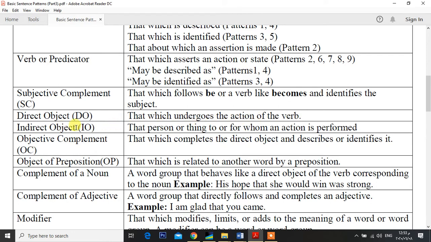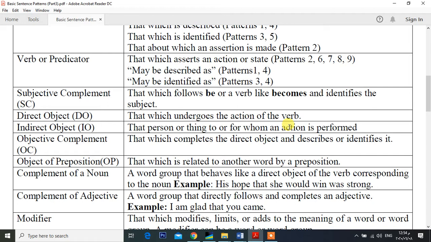Turn to the indirect object, and it's abbreviated IO. The function of this indirect object is what? That person or thing to or for whom an action is performed. For example, in our sentence, the mother bought the girl a dress.